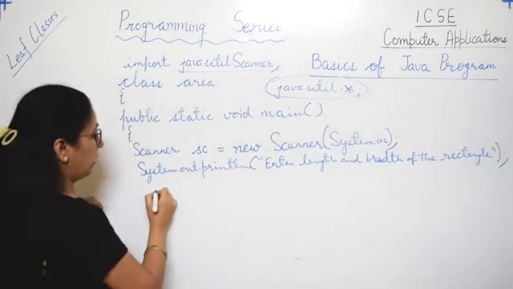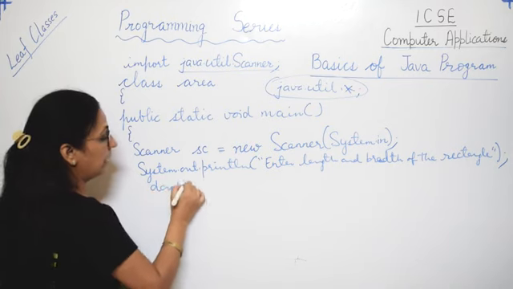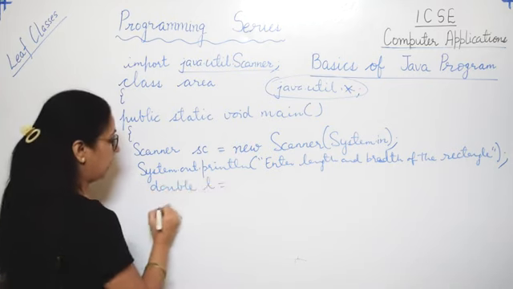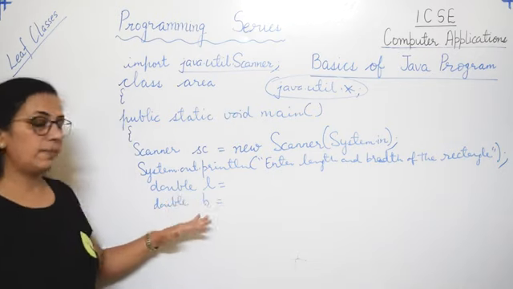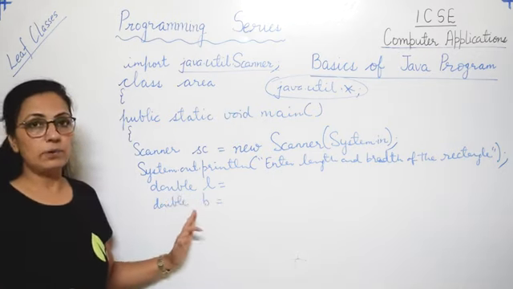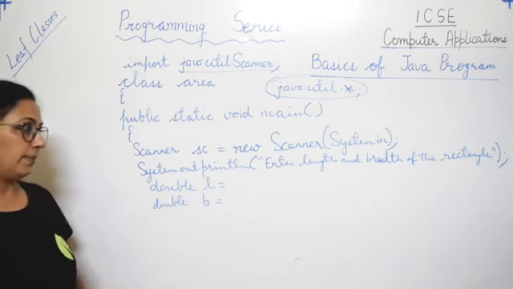And then you can input the values in two variables, double L and double B. These two variables we have used to input the values of length and breadth.